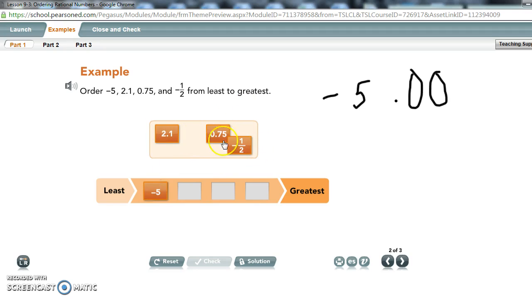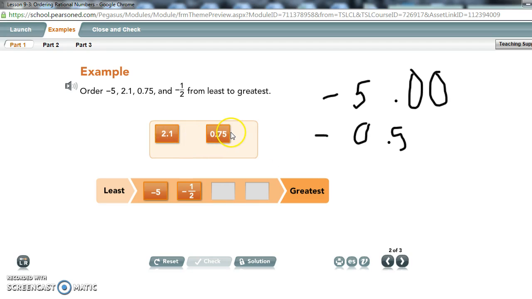After that, I have three numbers, and only one is negative. So I know then that -1/2 or -0.5, because that's 1/2, will go next. And after that, I have either 75 hundredths or 2 1/10.